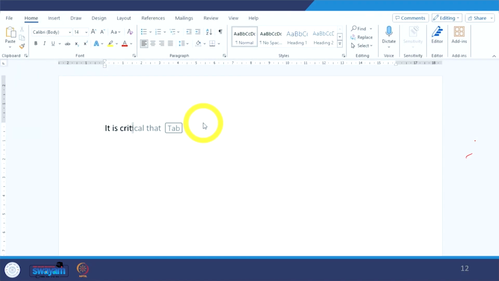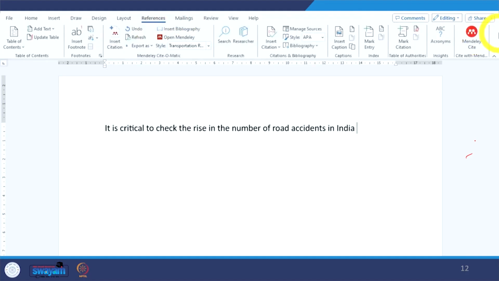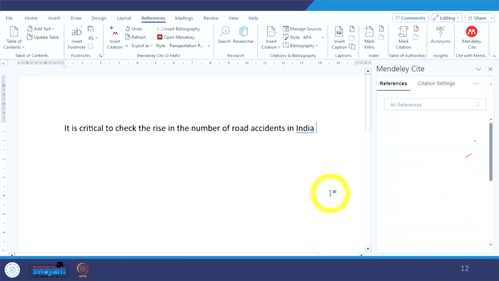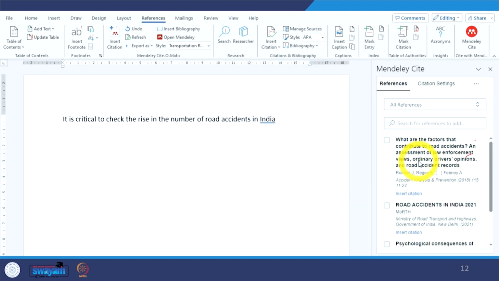So, here you are writing the same text that I have already mentioned. When you write it, at the same time after the statement you would like to cite. So, go to the reference Mendeley cite, then the moment you log in with the credentials which you created to create the account in Mendeley, you will have the list of all references, you just click on that.